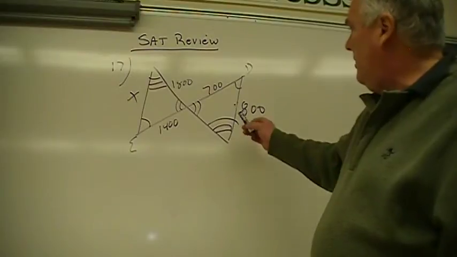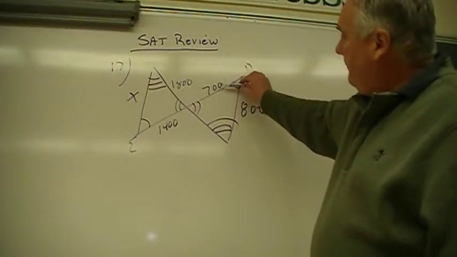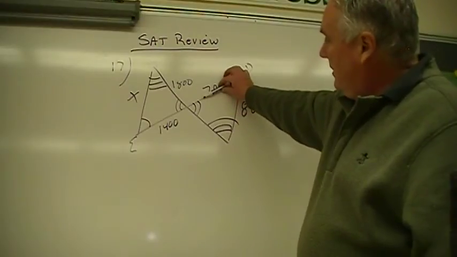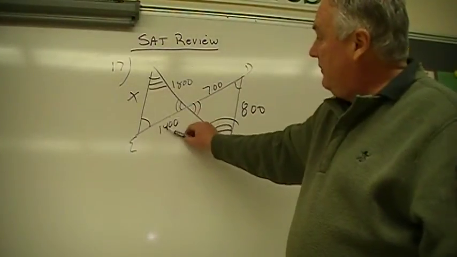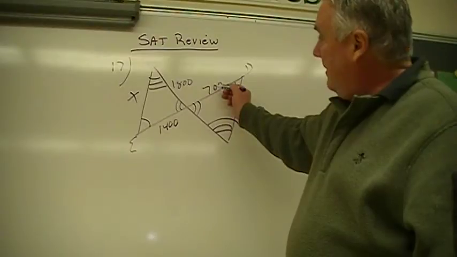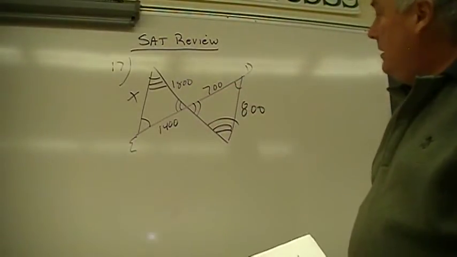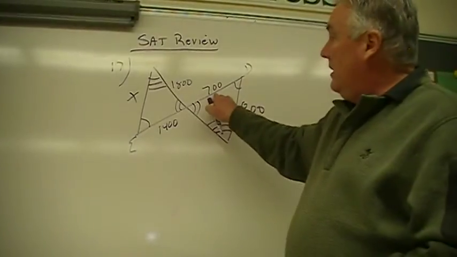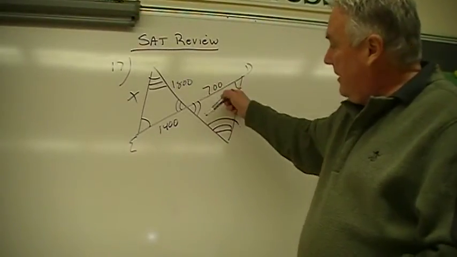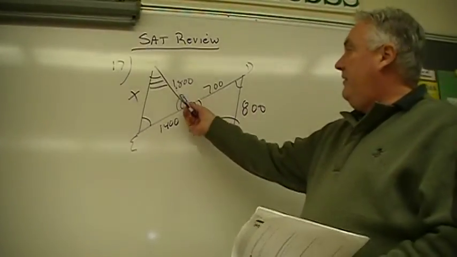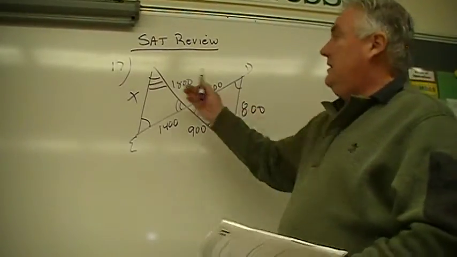So what do we know, though? We know that between the 1 and the 2 it's 700, and between the 1 and the 2 it's 1400, so this and this are half of each other. So the relationship from here to here is that this is half of this, and this is half of this.